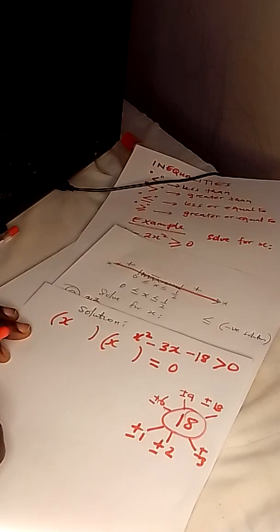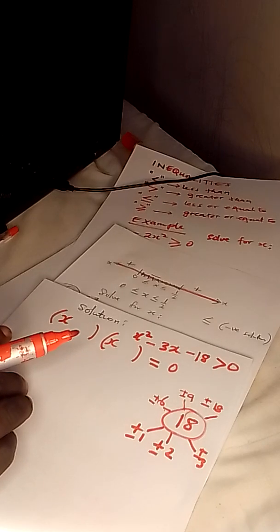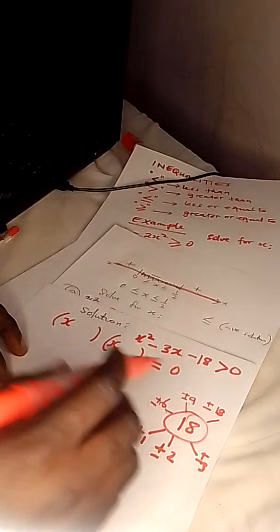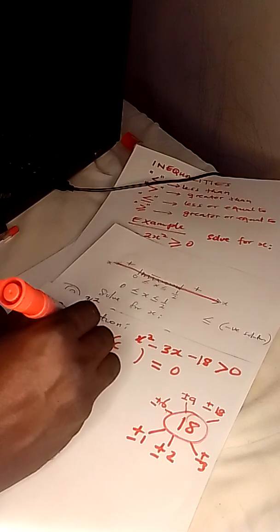Definitely it will be 3 and 6. But how do we write it? So since I want minus 3 in the middle, I can say x plus 3 here and then minus 6 here. When I take 3 and multiply by minus 6, it gives me minus 18. 3 minus 6 will give me this minus 3.